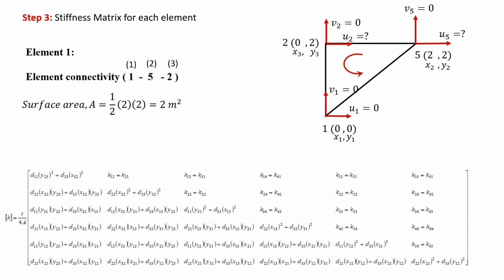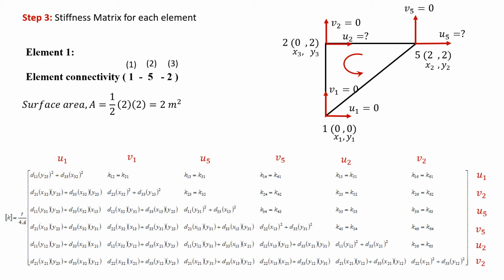Then we have to use the global K matrix, and we have to arrange the columns and rows according to the element connectivity. As we have decided the element connectivity is 1, 5, 2, then our columns or rows will start with U1, V1, followed by U5, V5, and lastly U2, V2.